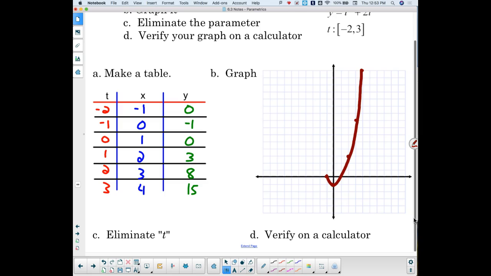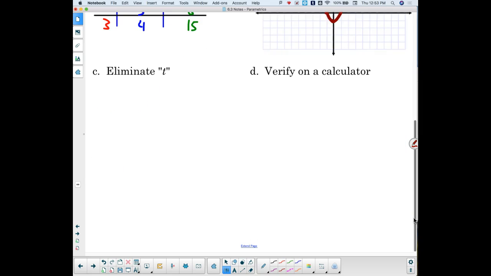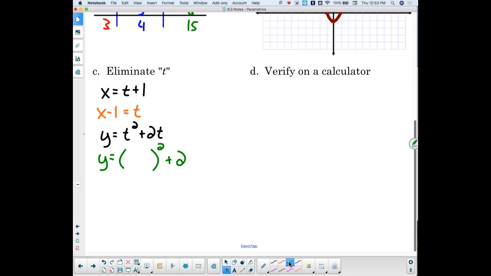Now we need to eliminate our t, eliminate our parameter. I'm going to go with x equals t plus 1 first. I'm going to say that x minus 1 is equal to t. Then y is equal to t squared plus 2t. So that becomes y is equal to x minus 1 quantity squared plus 2 times x minus 1.